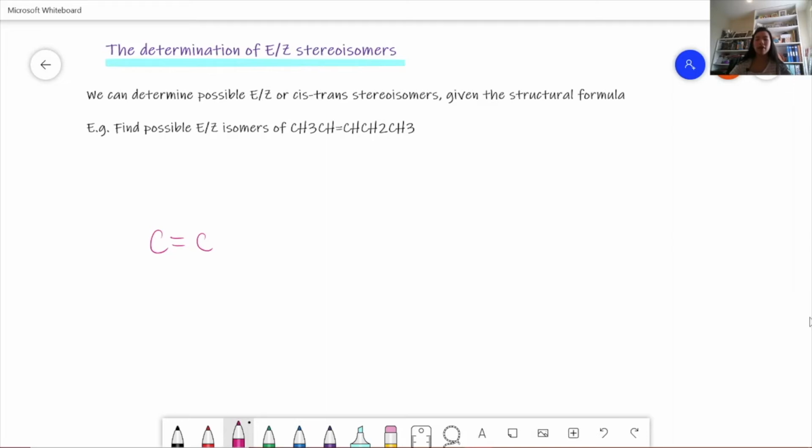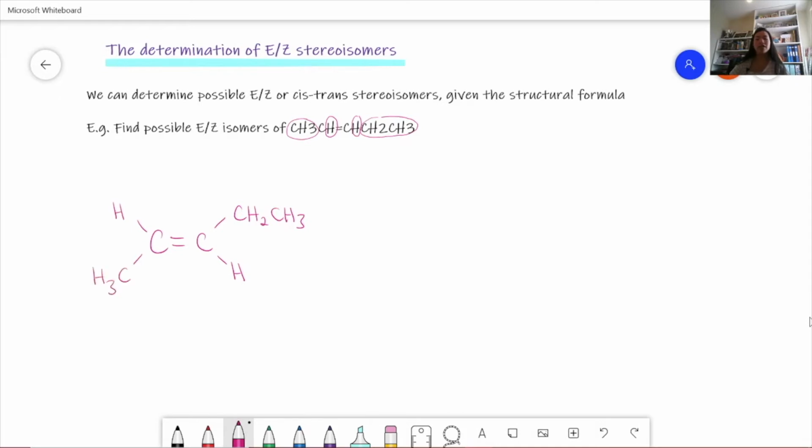And so first you see that we have 2 hydrogens which are attached to the carbons, and then the other 2 groups which are attached are an ethyl and also a methyl. And so we can put those in. So we can put an ethyl here, for example, and then a hydrogen would go here, and then we can put a hydrogen here and a methyl here.